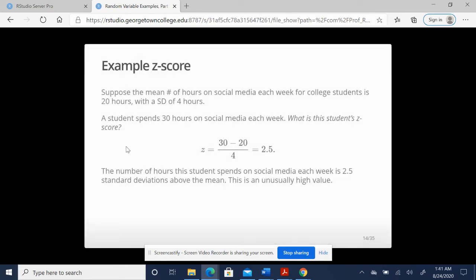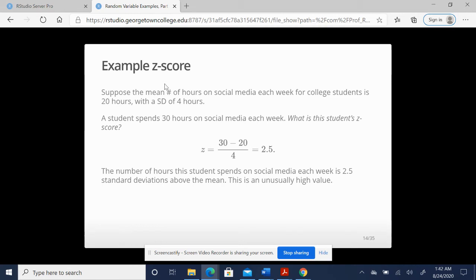Okay, here's an example calculation of that. Suppose the mean number of hours on social media each week for college students is 20 hours with a standard deviation of 4 hours. Now first of all, what do we know that means? 68% of students in this population are going to be on social media between 16 and 24 hours: mean minus standard deviation, mean plus standard deviation. 95% of these students would be on social media between 12 and 28 hours, minus 2 standard deviations, plus 2 standard deviations.